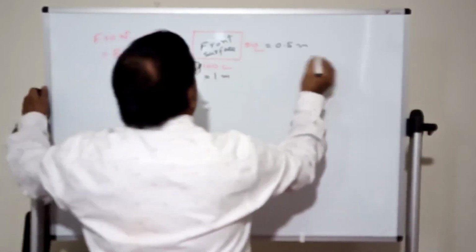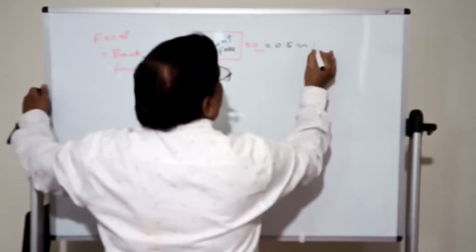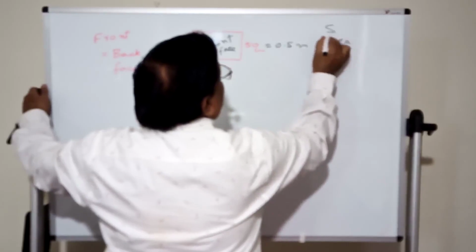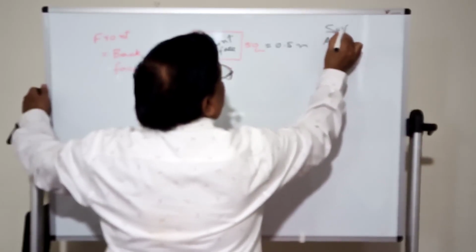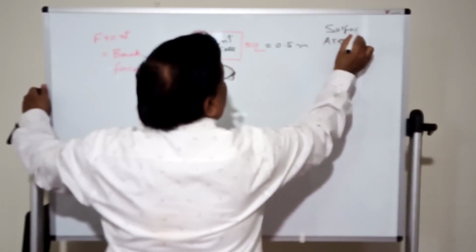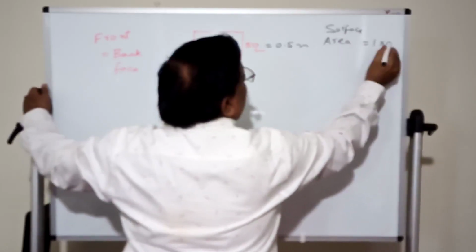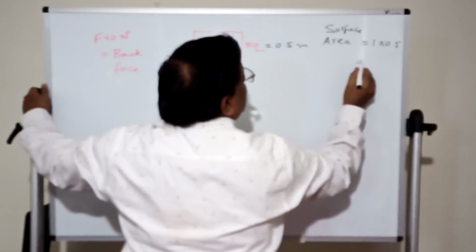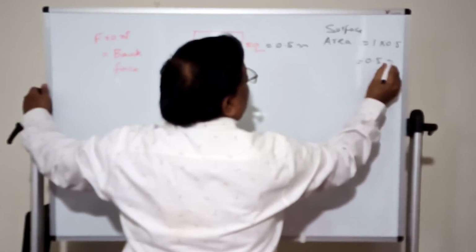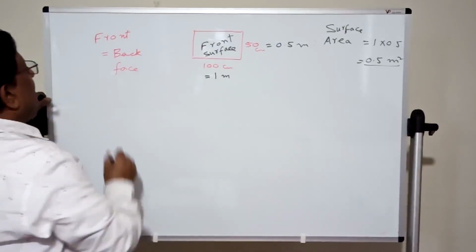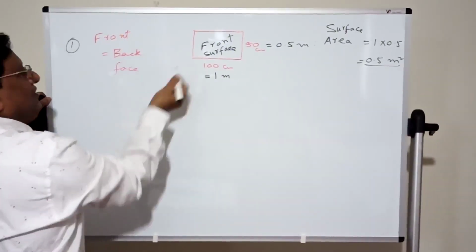So the surface area for the front surface is equal to 1 times 0.5. That is 0.5 square meters. You got the front surface. This is number 1, front equal to back.